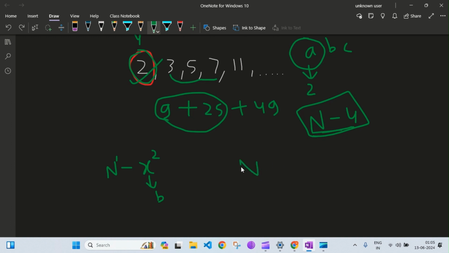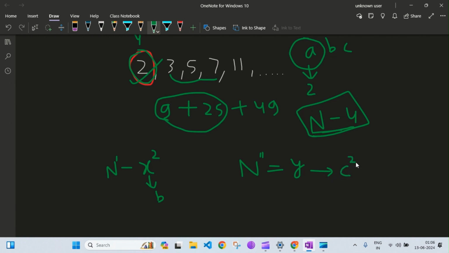What will be n double dash? n double dash will be n dash minus x square. Let's say this n double dash is some y. So this y must also be a perfect square, and that too of a prime number, right? So this y is c squared.